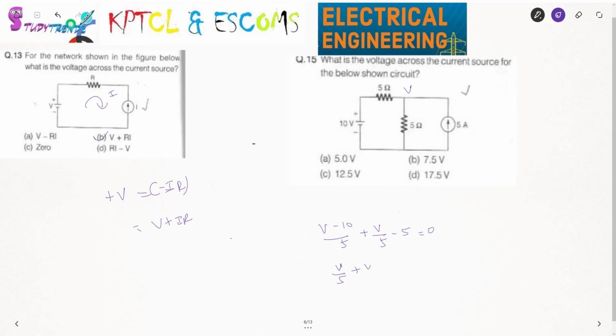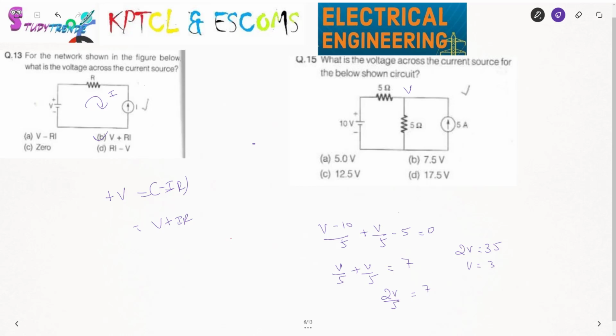V by 5 plus V by 5 is equal to, 5 2s are 10, minus 2 minus 5, 7. 2V by 5 is equal to 7, right? So 2V is equal to 7 5s are 35.